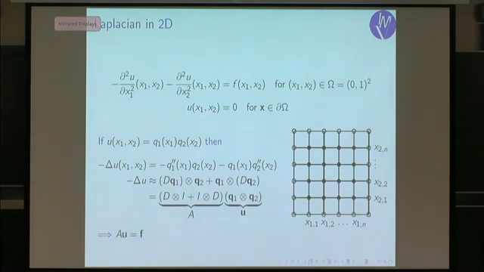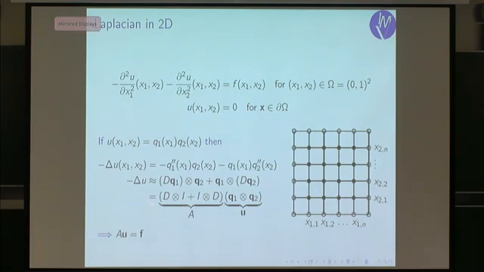Okay, and the same thing is happening here. This is just the second derivative of the second component, so I multiply q2 by the Laplacian matrix, and utilizing the structure of the grid, I will find that this is the vector q1 tensor product with Dq2. And this is the most important thing for the idea.